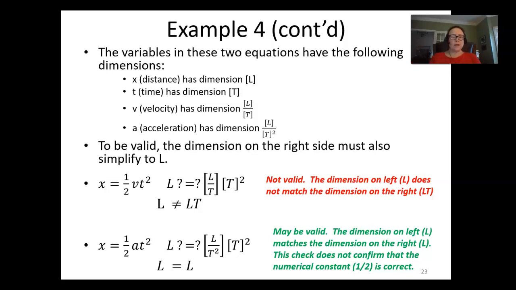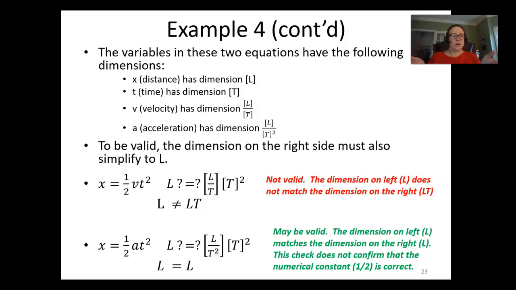On the right-hand side, we have 1/2 vt squared. Now the 1/2 I completely ignore. That's a number. Numbers don't have a dimension. Okay, but the dimension of v, velocity, is L over t, and the dimension of t, time, is t. Okay, so I have L over t times t squared.